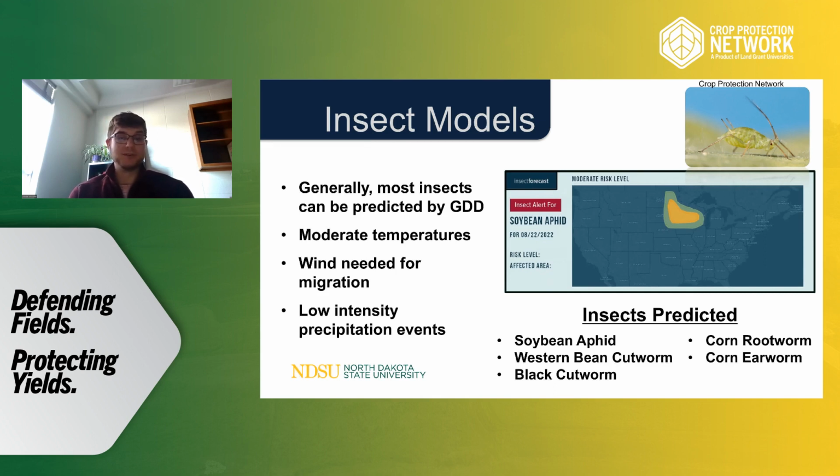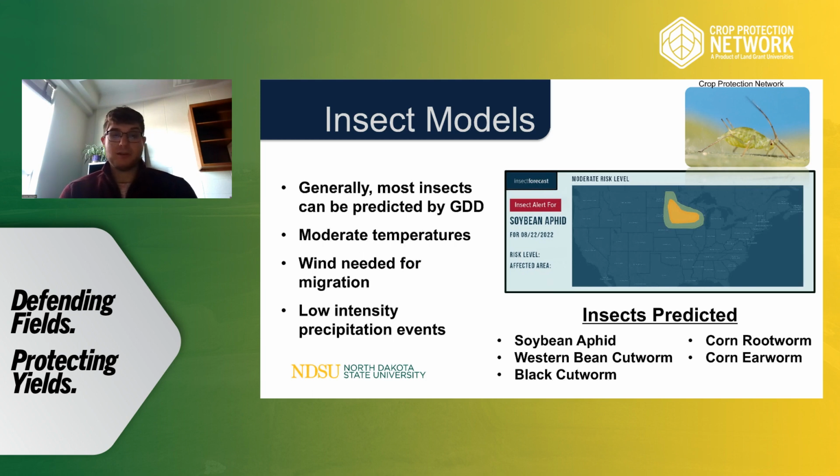If we do experience high intensity precipitation events, we can see a decrease in their populations, leading to a lower risk level developing. One example here is called Insect Forecast, which is an online tool which predicts the development or the risk level of 5 agronomic crops of soybean and corn listed here below.